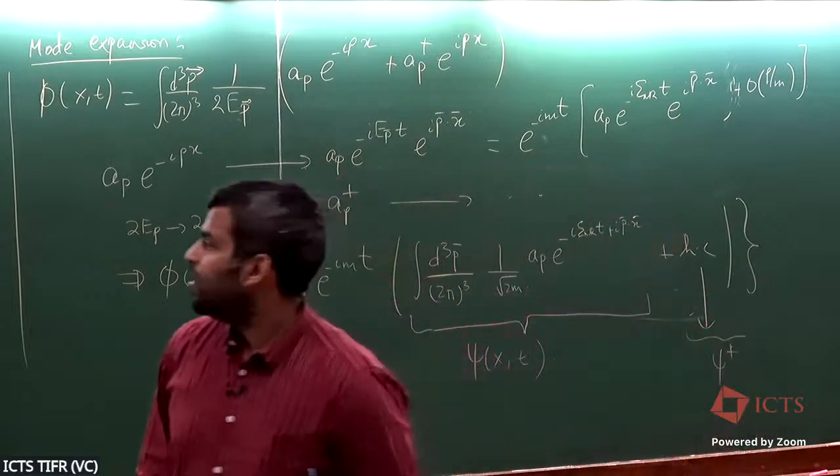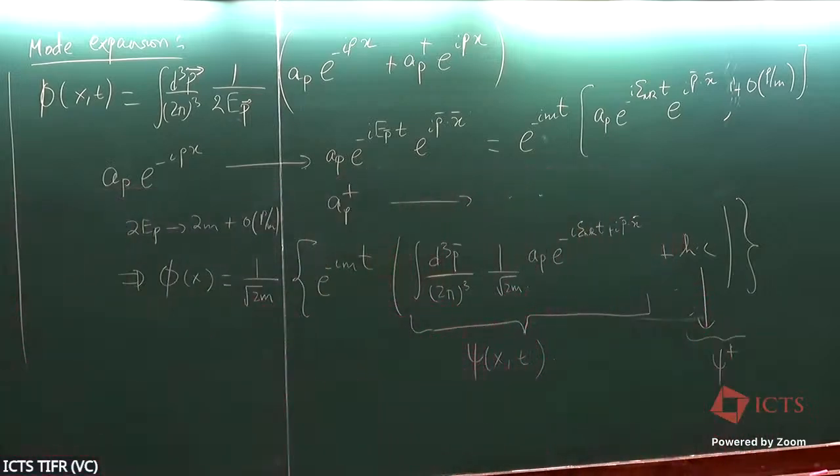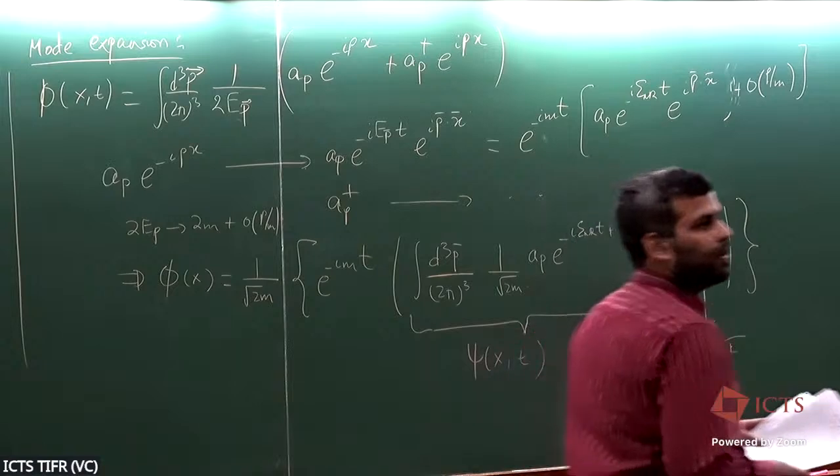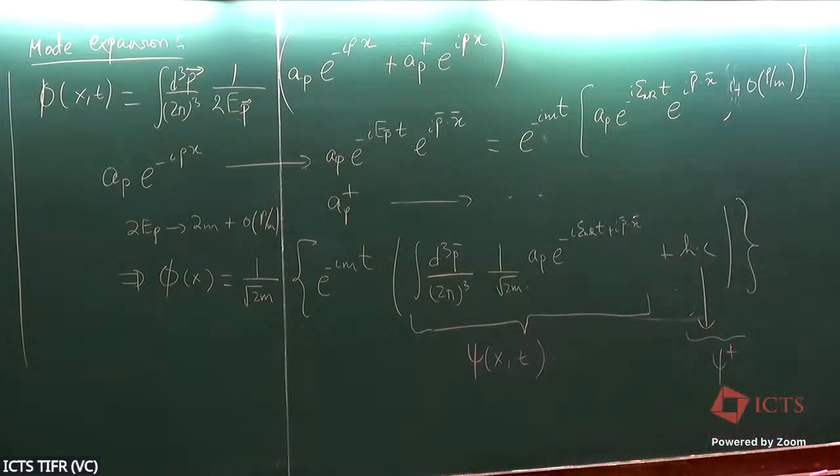So first question for you: phi is a scalar, psi is a complex field. Is there something happening to the degrees of freedom? Because a real scalar will have only 1 degree of freedom, whereas a complex field in general would have 2 degrees of freedom.